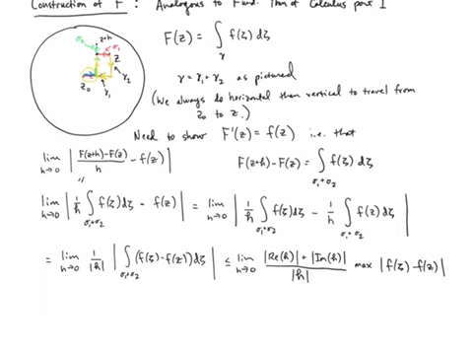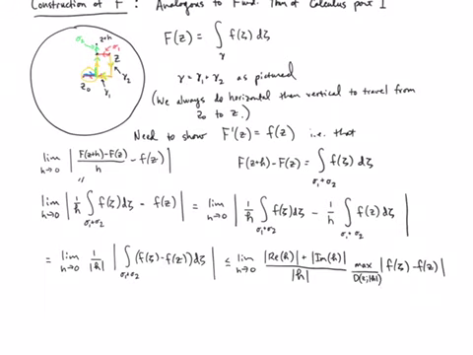That whole curve is contained in the closed disk around z of radius norm h, so we can say max over the closed disk around z of radius norm h.